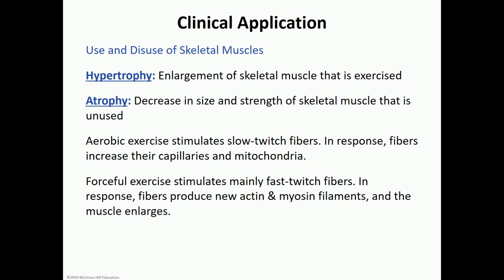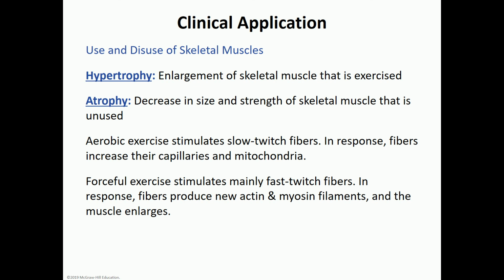Okay, so when they remove the cast, they can find a difference between the muscles on one side compared to the muscles on the other side. So just not using muscles for even a couple of weeks can lead to muscle atrophy. And that is why one of the main things that you want to tell your patients would be to make sure that they are always doing these aerobic exercises to keep their muscles healthy, to keep the blood flowing, and so on.